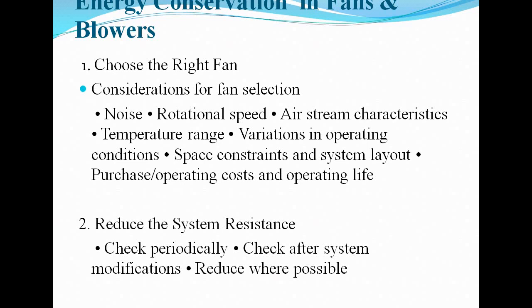Now the parameters or factors that have to be considered for fan selection are as follows. First one is noise, second rotational speed, third air stream characteristics, then temperature range, then variation in operating conditions, then space constraints and system layout, and purchase or operating cost and operating life.